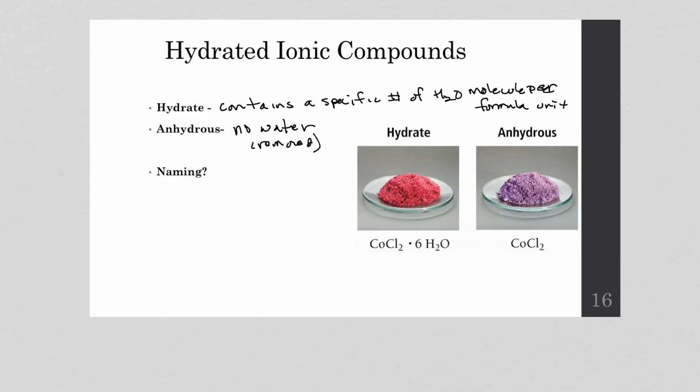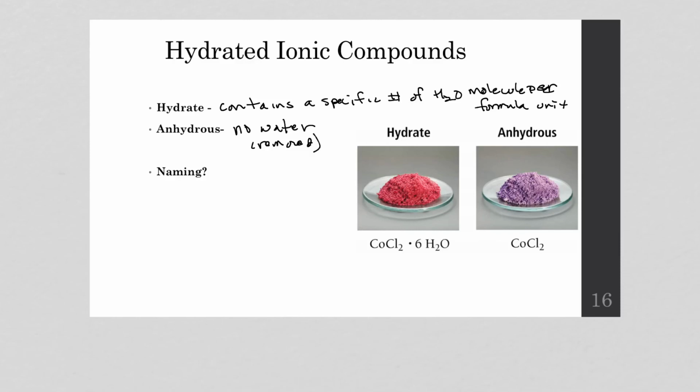And if you look here at these pictures of this cobalt compound, we can see that the hydrate is a reddish compound, and the anhydrous is a purple. So by removing the water, we've changed the structure a little bit, and it turns it into a compound that doesn't necessarily behave differently in terms of its chemical properties, but has a different physical appearance. It's a different color.